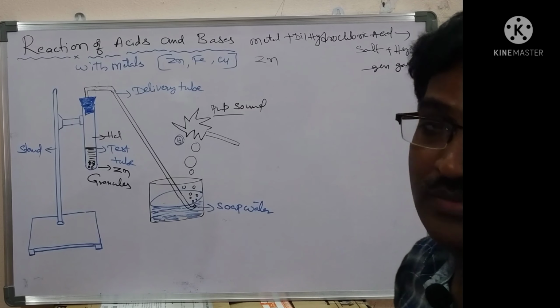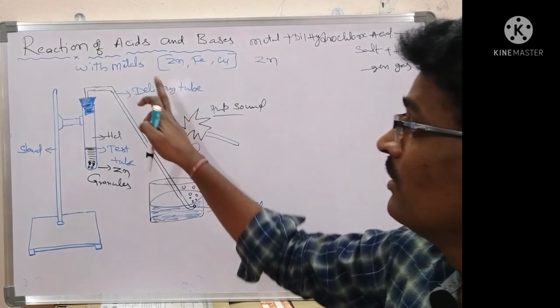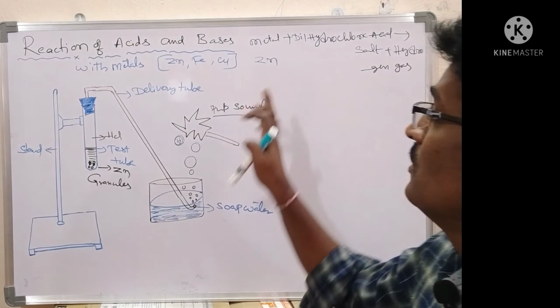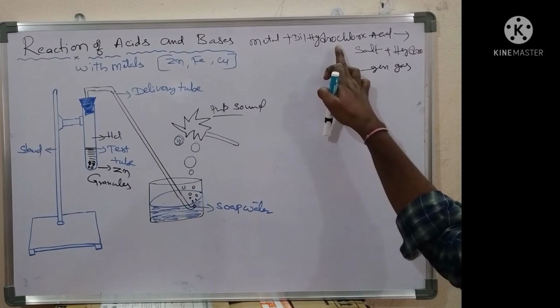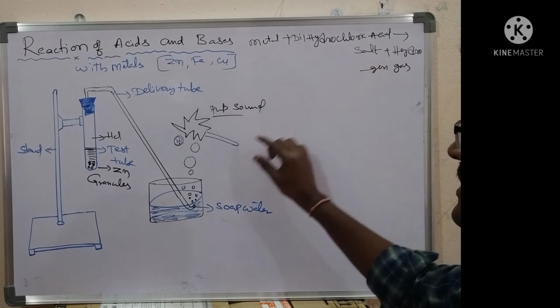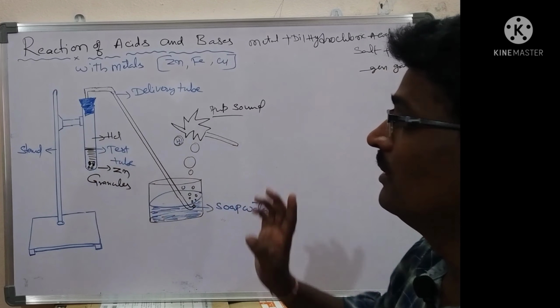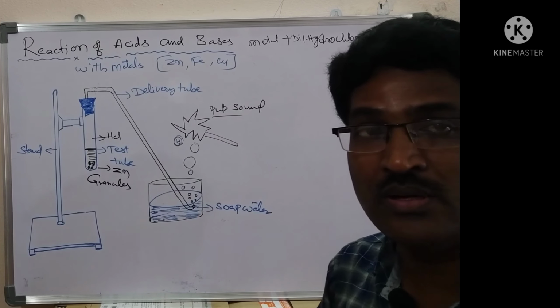When metals react with acid, it gives rise to salt and hydrogen gas. Hydrogen gas is evolved when acid reacts with metal. That is our conclusion.